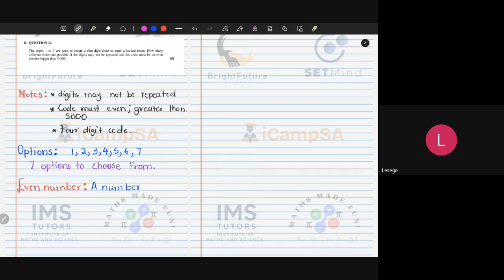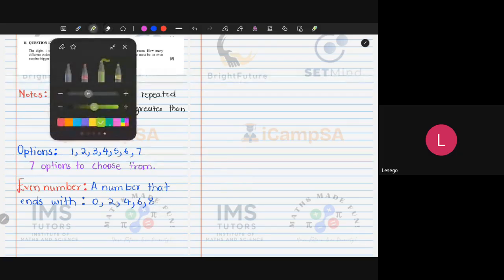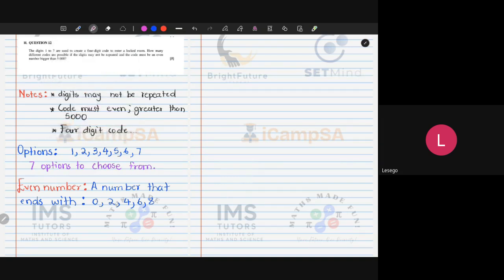Remember here we're working with 1 to 7. Usually an even number is a number that ends with a 0, a 2, a 4, a 6, or an 8. These are the only numbers. But when we look at our problem, we only have the 2, the 4, and the 6.